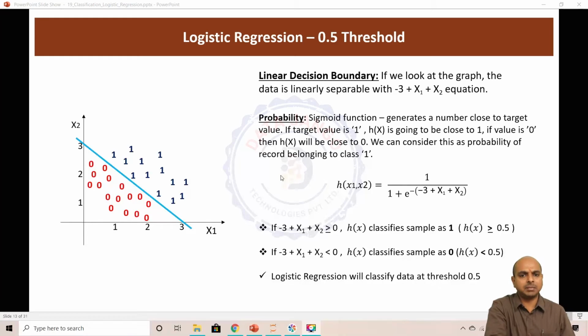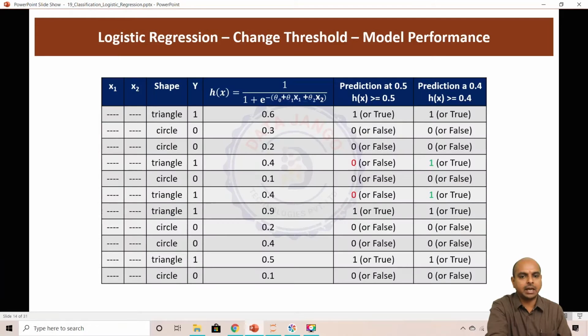Let us take one example and try to understand how exactly the prediction is happening. I said that the logistic regression's hypothesis function is going to generate probability, a number between 0 and 1, and that it is going to make predictions using these numbers by taking a threshold of 0.5.